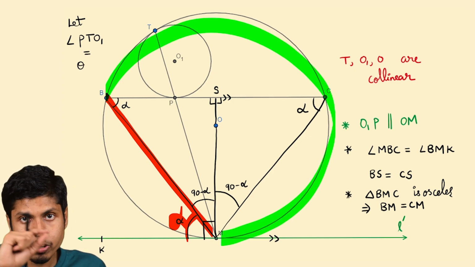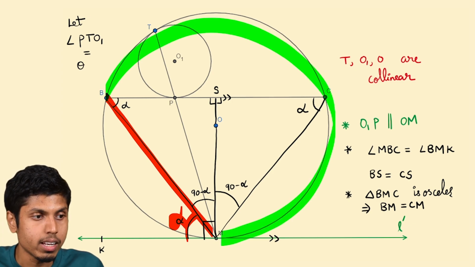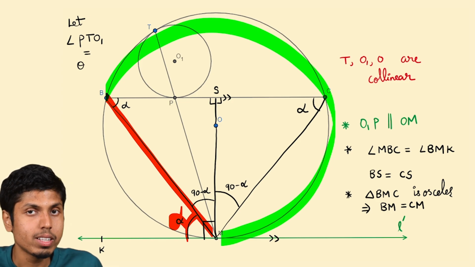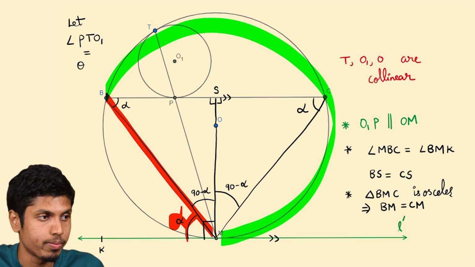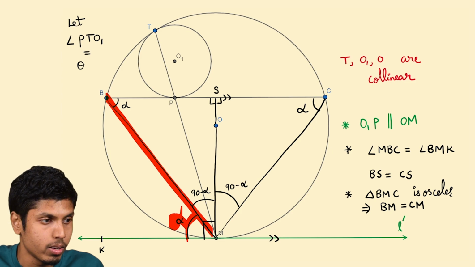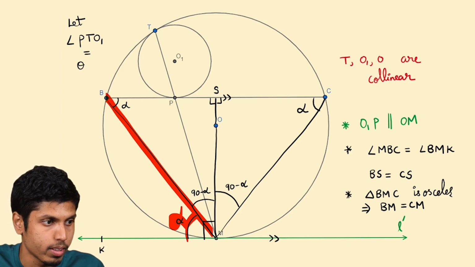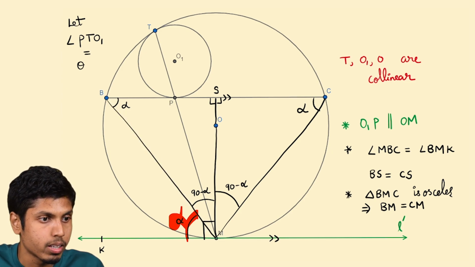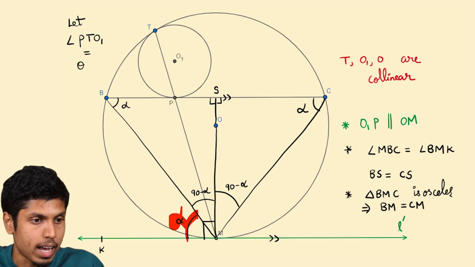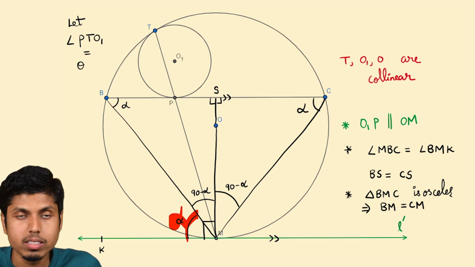If you consider any point on that circumference, then the chord BM will subtend alpha at that point. And thus, you can get that BM equals CM, because we know that angle MBC is alpha already.